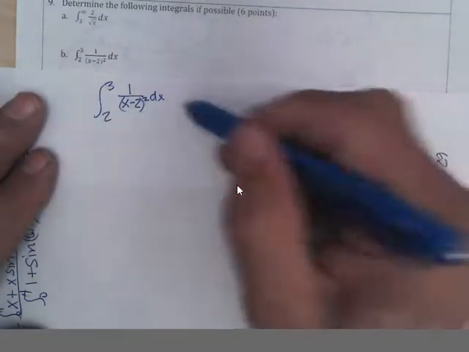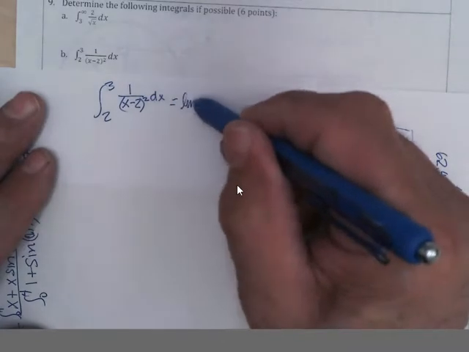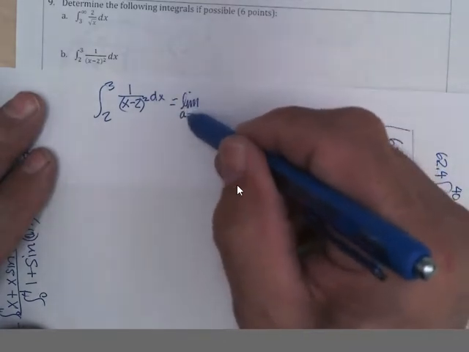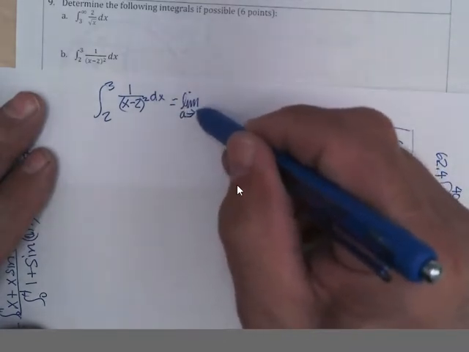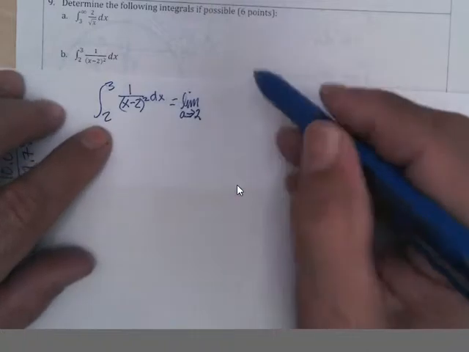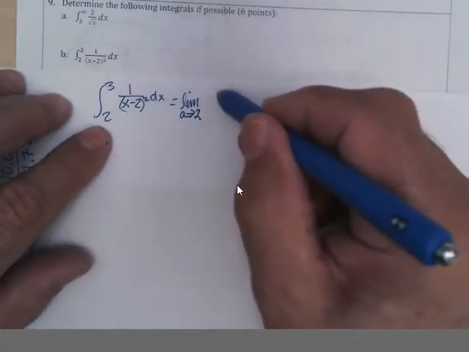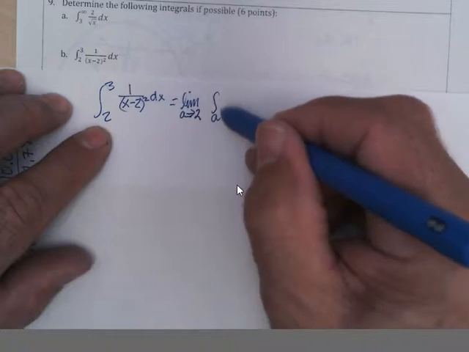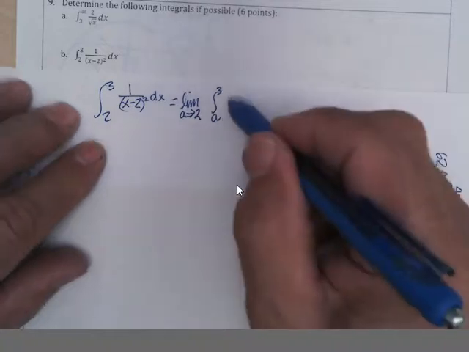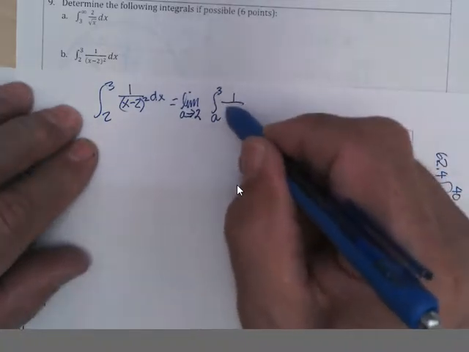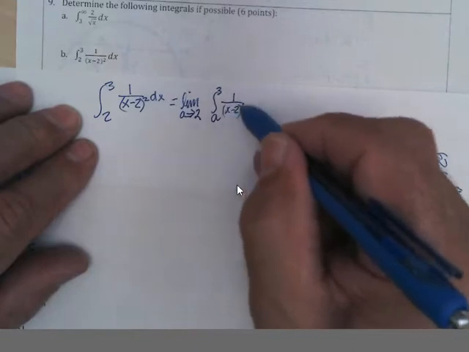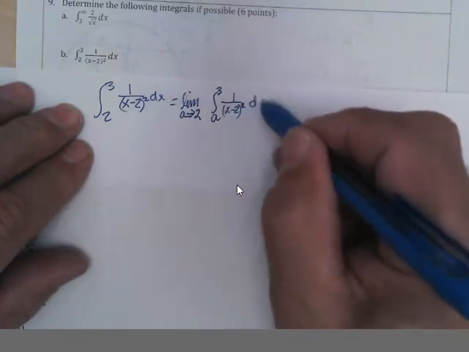So I need to write the limit as a goes towards 2, that's the problem, of the integral from a to 3 of 1 over x minus 2 squared dx.